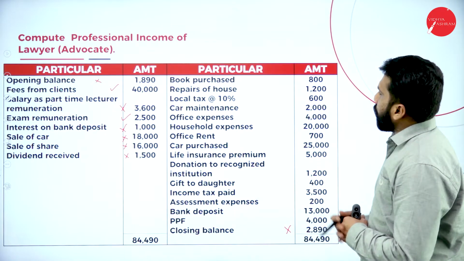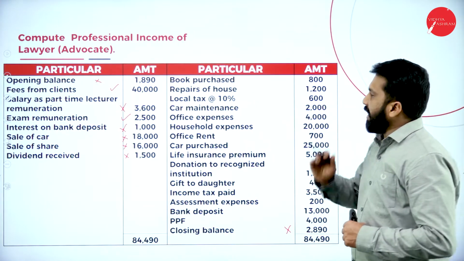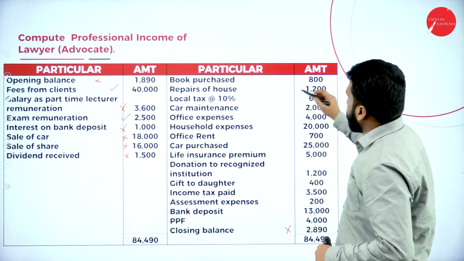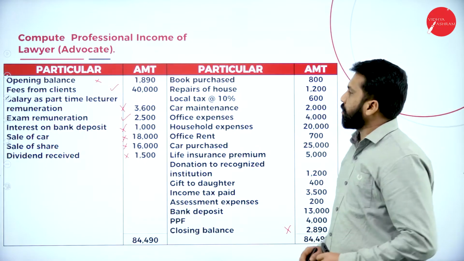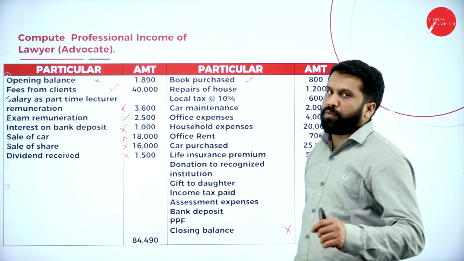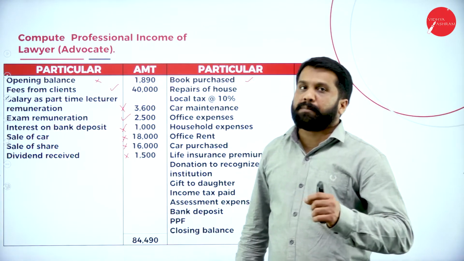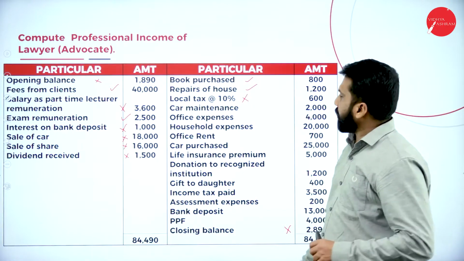Now, come to professional expenditure. Books purchased, we have to check whether it is purchased for profession or not. Repairs to house, we have to check whether the house is used for profession or personal. Local tax we will not take.